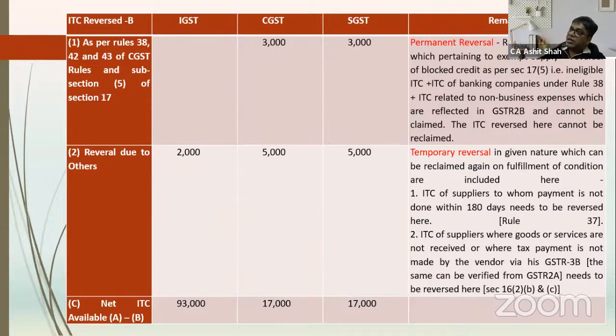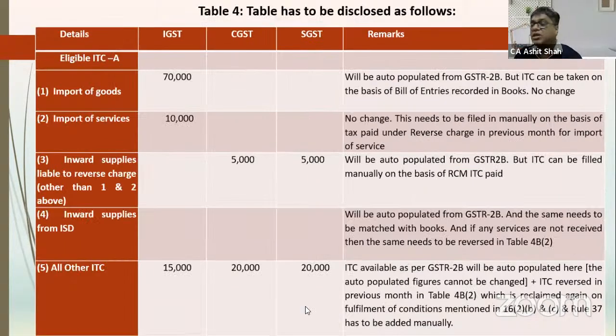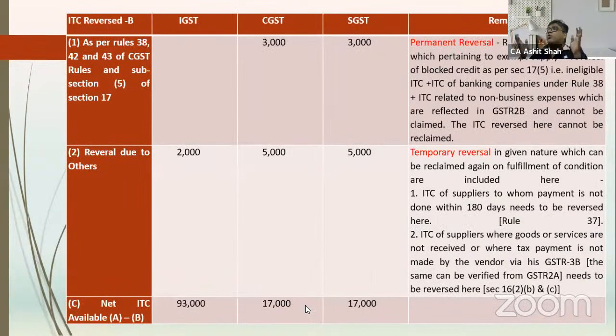So by comparing GSTR 2B and GSTR 2A, you have to reverse your credit. Once you reverse it, that means if anything has to be reversed, first of all we will cover it over here. उसको जब re-reverse करते हैं, that's why it is known as a temporary reversal. When you want to re-reverse it, it will come under all other ITC. So now, what is the important thing? You have to keep track of all the ITCs on an invoice-wise basis.